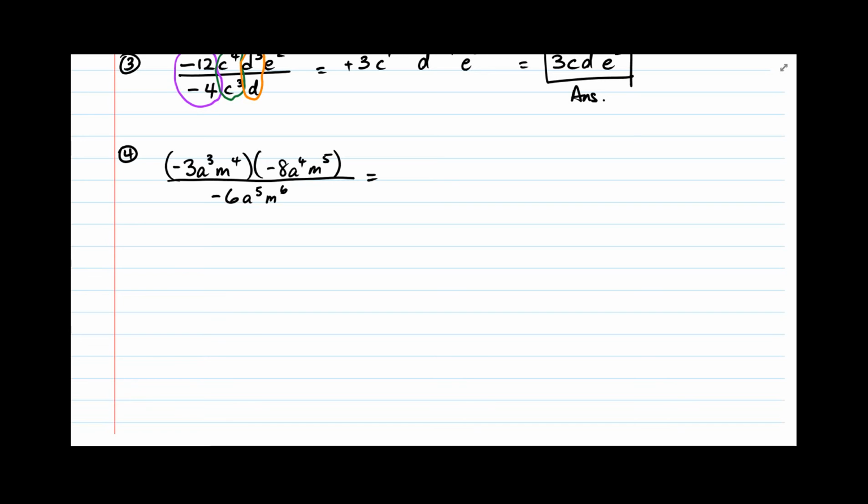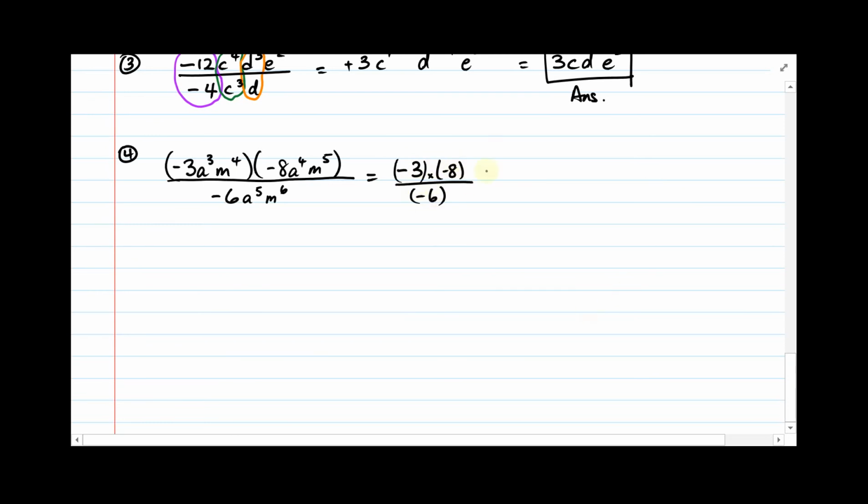Okay. So here we have a combination, multiplication and division. It's up to you if you want to complete the numerator before, or rather doing the multiplication before doing the division. However, I would probably do it this way. As I said, as you get better, you'll be able to look at it in the most efficient way.